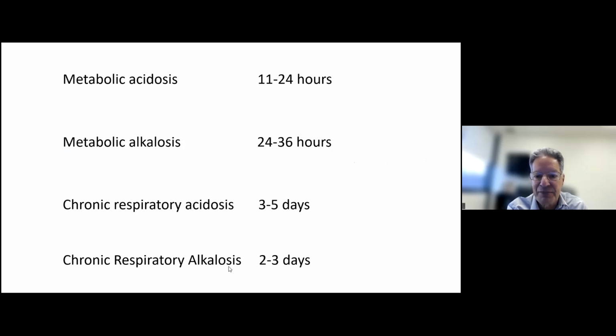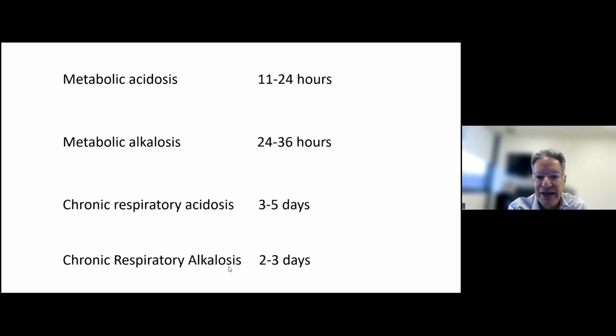The compensation of metabolic acidosis doesn't occur immediately. The 1.2 PCO2 change to 1 bicarbonate, or if you want to use the old Winters formula, which you don't need to do anymore, it takes about half a day to a day for that ventilation to reach its new steady state. Metabolic alkalosis, the 70% rule, takes a bit longer.